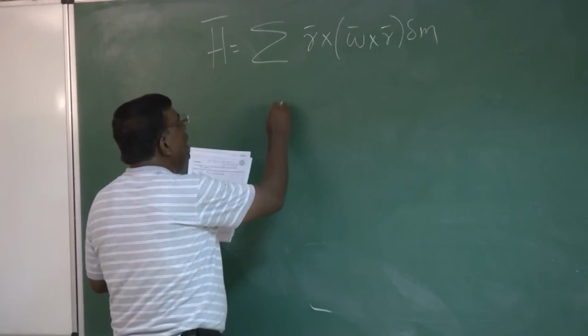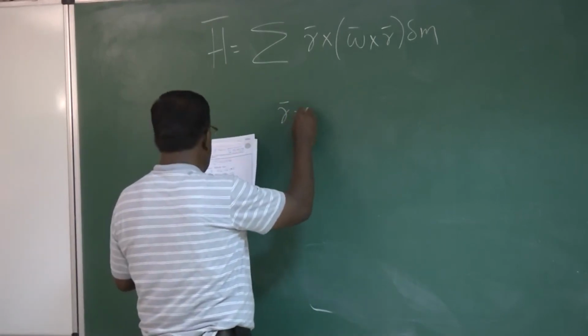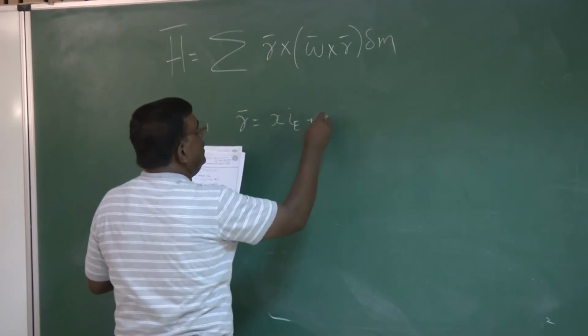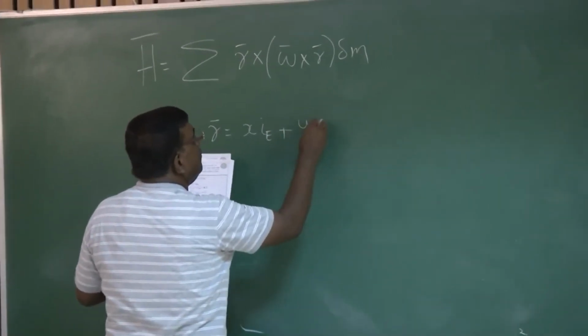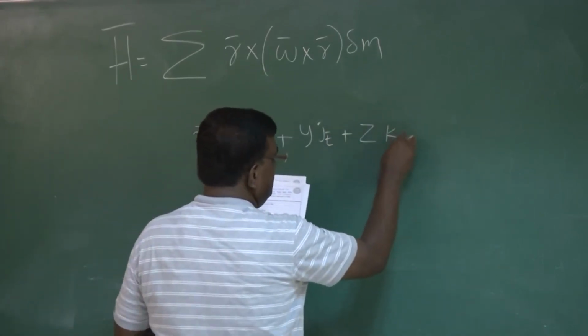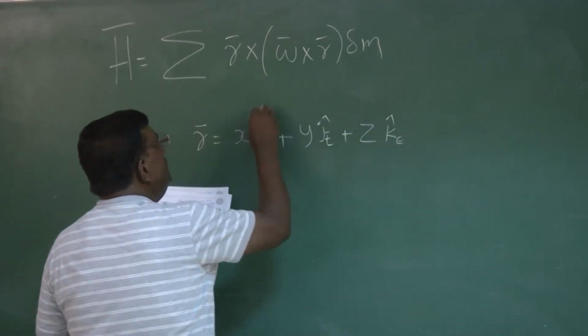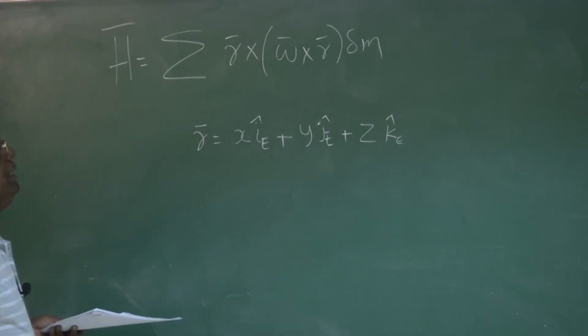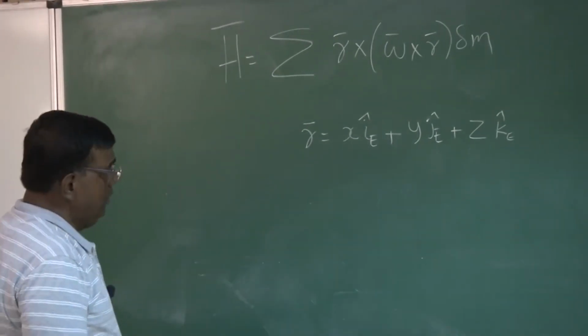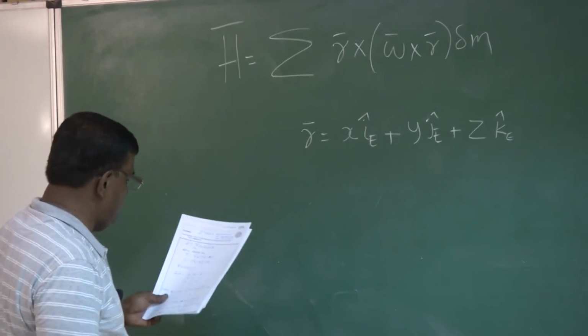So what I do, I write R as its x component resolved along Ie, y Je plus z Ke. Ie, Je, Ke are the unit vectors along the inertial frame xe, ye, ze. So I am resolving R, expanding R with respect to the inertial frame.